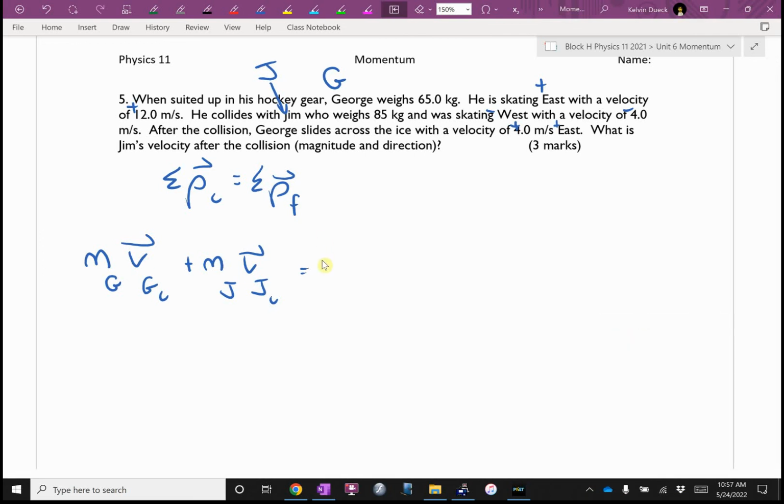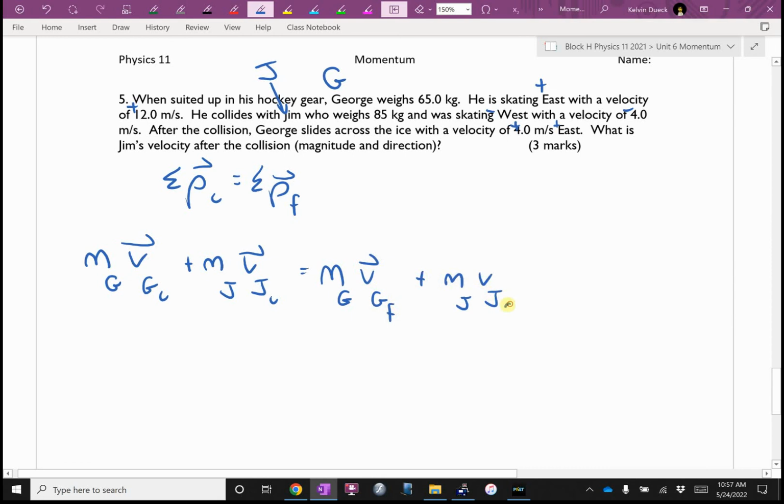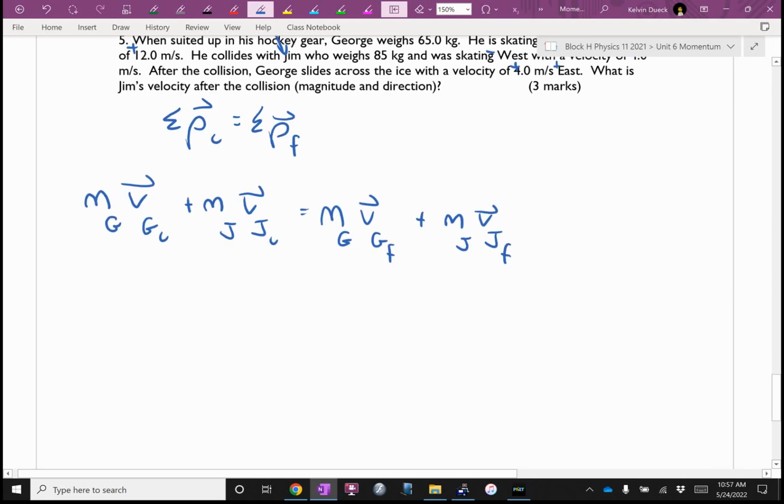So separate, we're going to have mass George, velocity George final, and mass Jim, velocity Jim final. What am I trying to find? I guess I'm going to get this by itself. How? Left side's going to drop down, then minus m_G v_G, and divide by m.